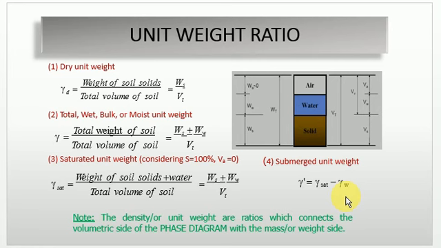We know that the density of water is 1 gram per cc or 10 kilonewton per meter cube. Take a note, the density or unit weight are the ratios which connect the volumetric side of the phase diagram with the mass or weight side.